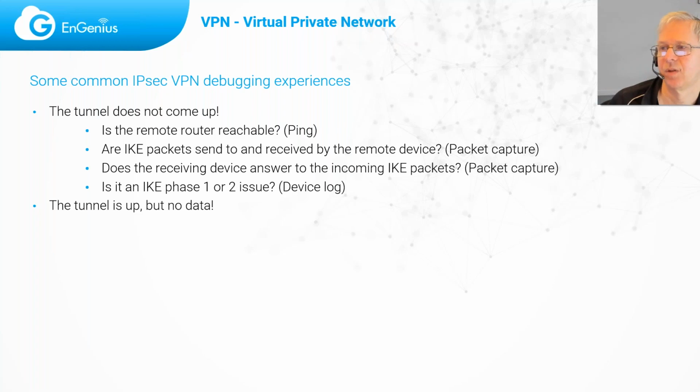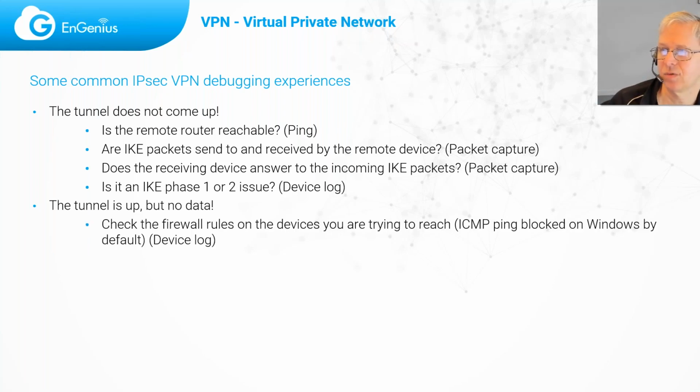And then sometimes the tunnel is up, but there's no data. Well, the most obvious thing to check is maybe you have some firewall rules. In this case, people test and ping from one computer to a remote Windows computer, and then they complain that the remote computer does not answer.